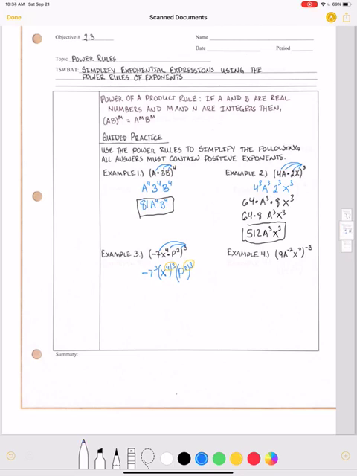So I have negative 7 cubed, which is going to be negative 343. I have x to the 4 times 3 power, which is 12, and p to the 2 times 3 power, which is 6.